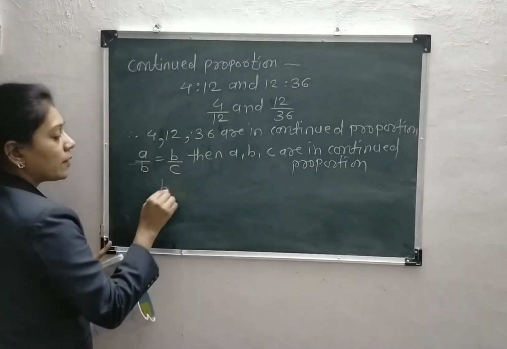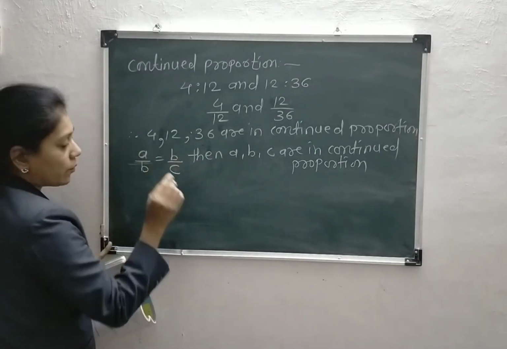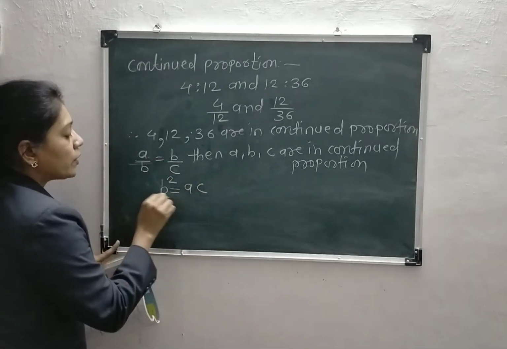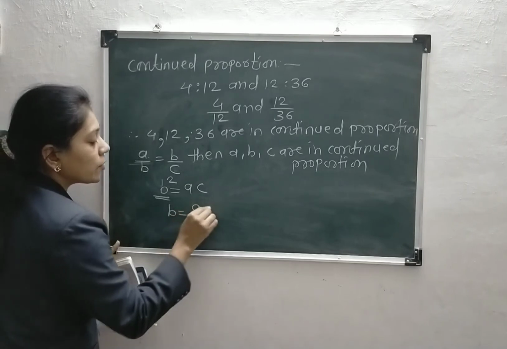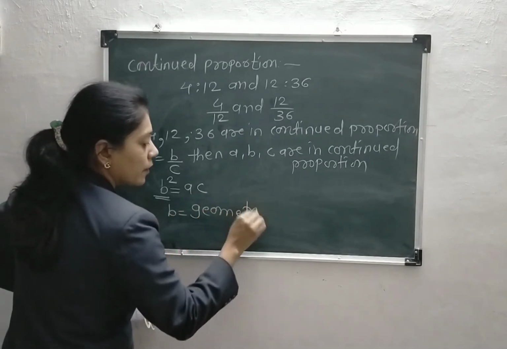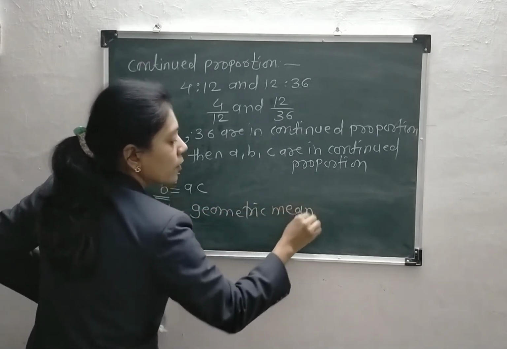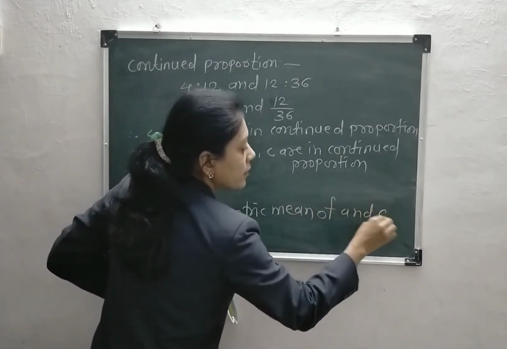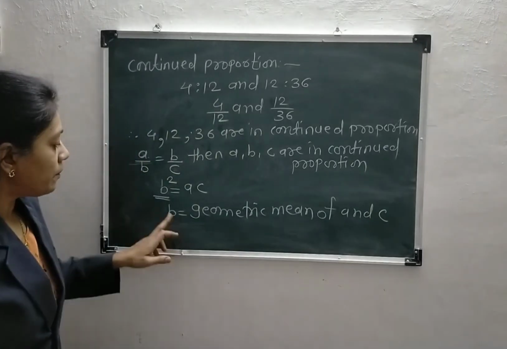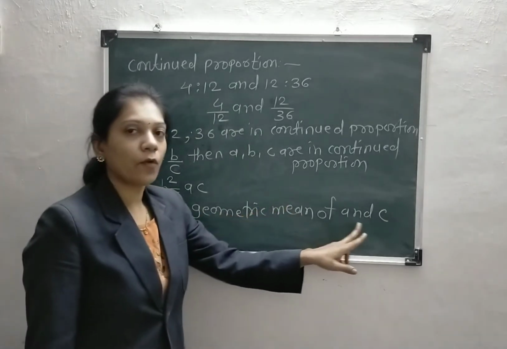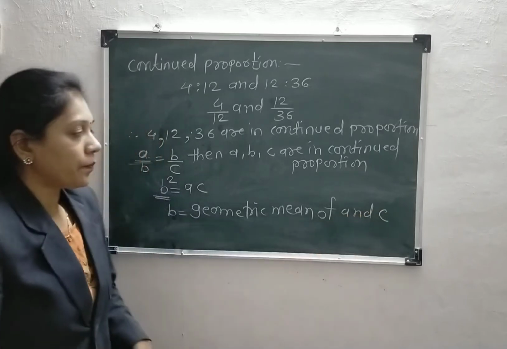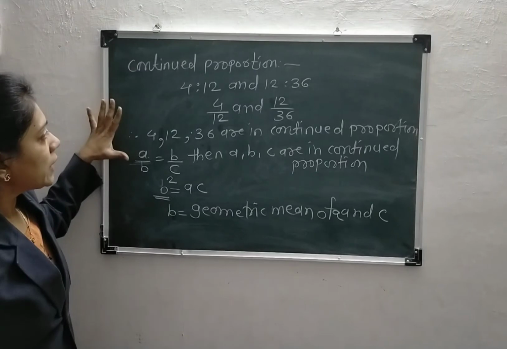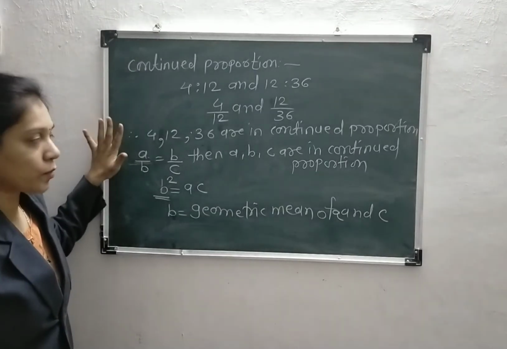Cross multiply this: B into B means B square, so B square is equal to A into C. So this B is called the geometric mean of A and C. So this is continued proportion.